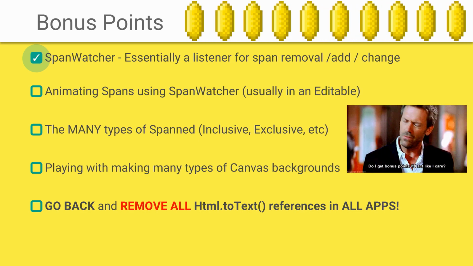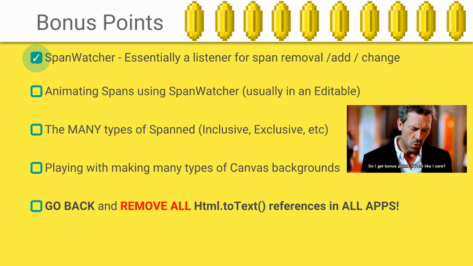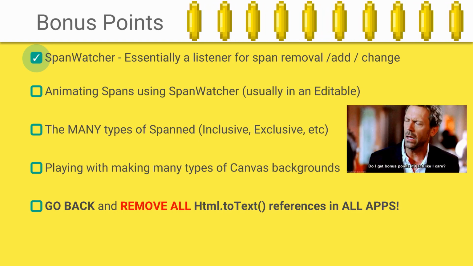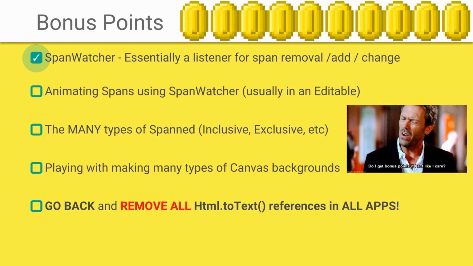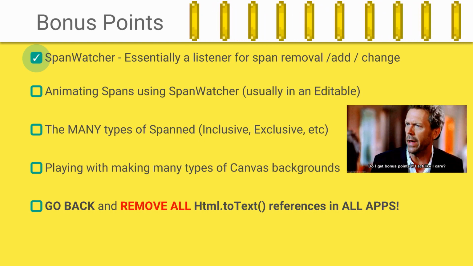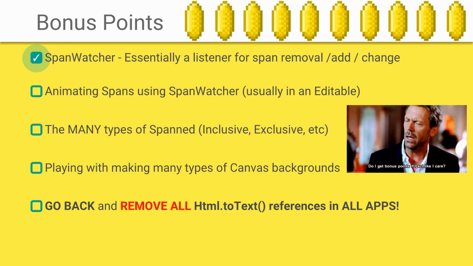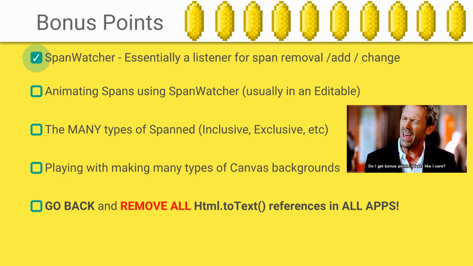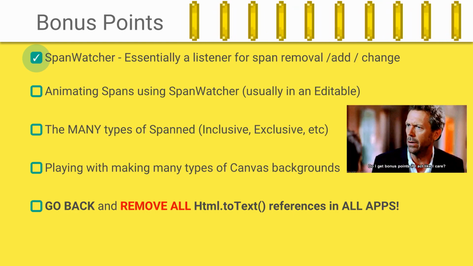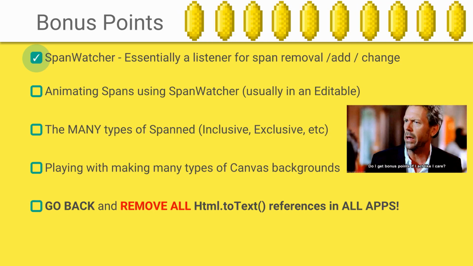Span Watcher, especially for your editable objects, basically just tells you whether or not a span has changed, been removed, or added, so that you can do different animations or actions based off of that movement. It happens more for editables than for the standard immutable objects, for kind of obvious reasons, but it can be really cool.